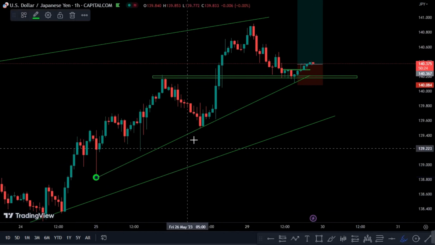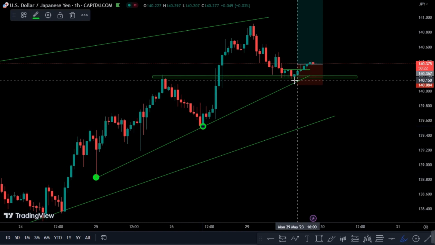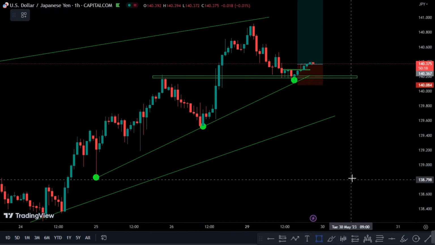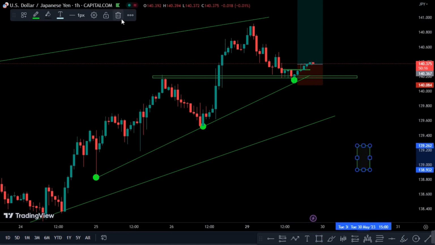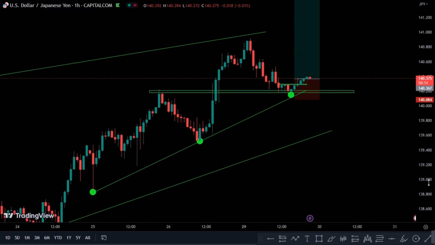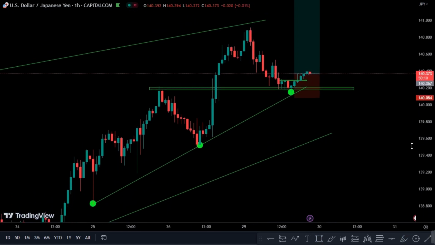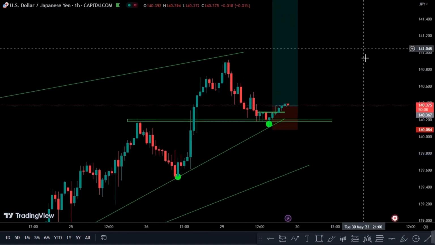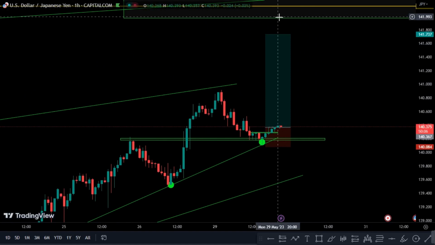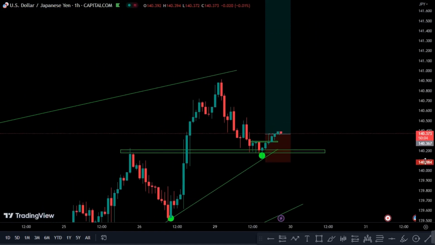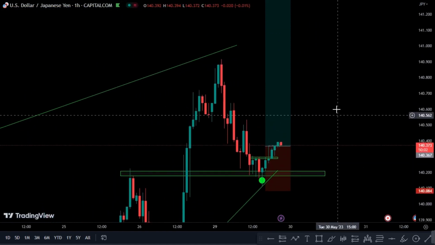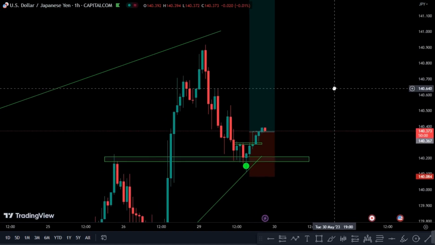You can see this was our first touch, this is our second touch, and this right here is currently our third touch of this trend line, as my bias is very bullish for this pair up until we get to that area where I'm anticipating a short. My bias is still bullish for now.